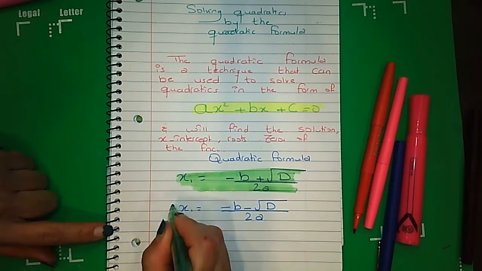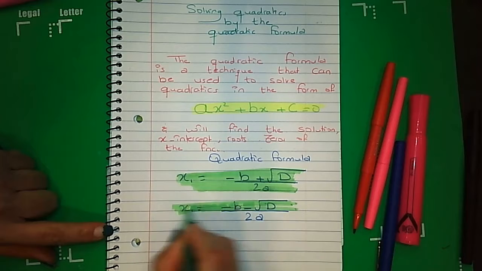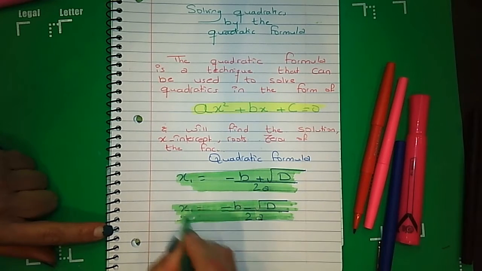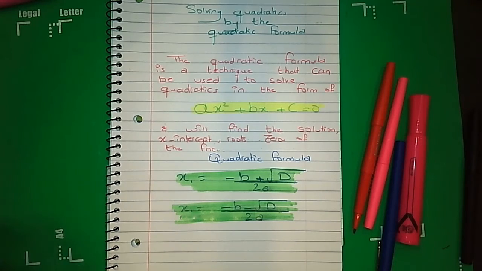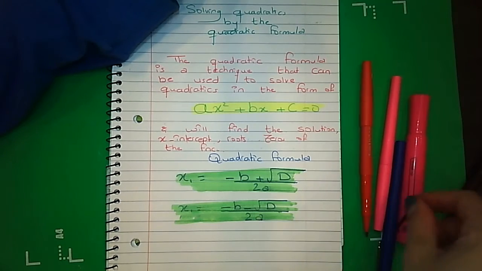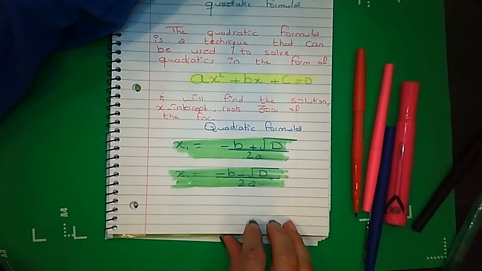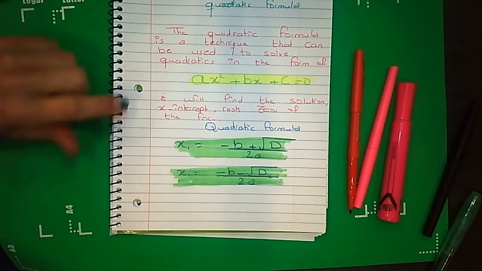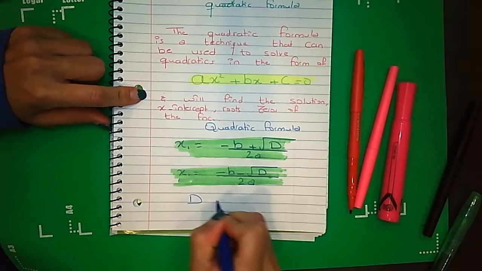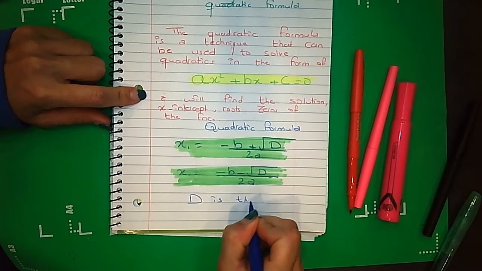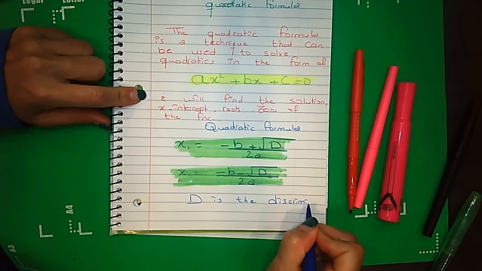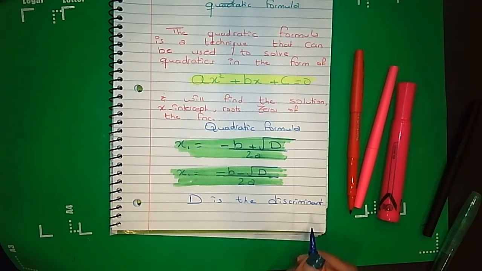That's x1 and that's x2, and d is the discriminant. What does the discriminant mean?